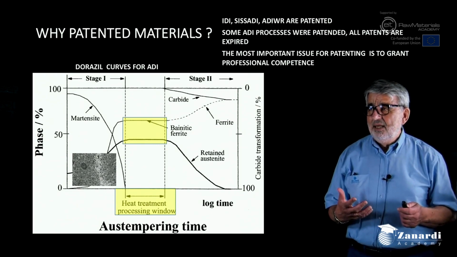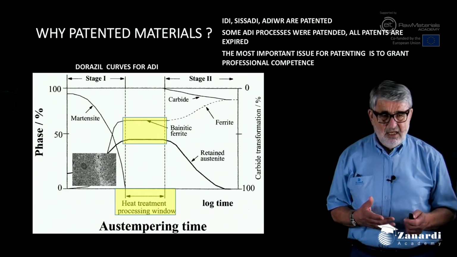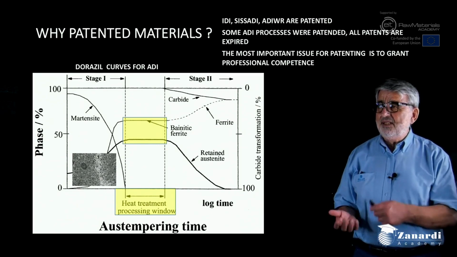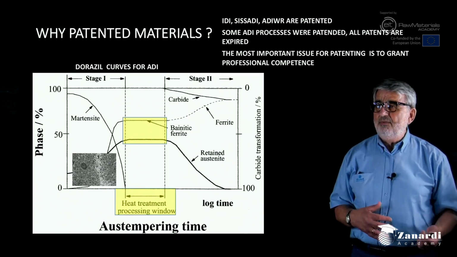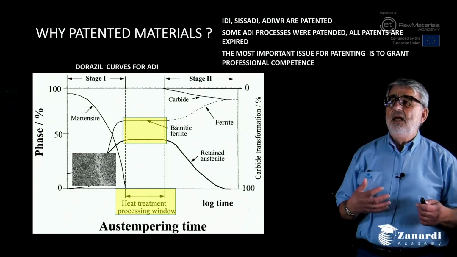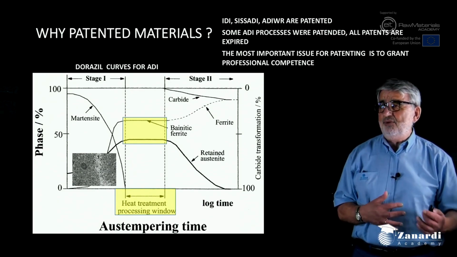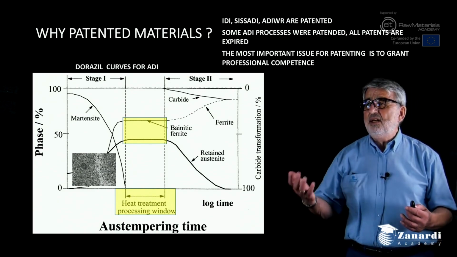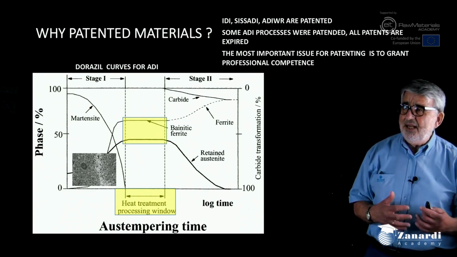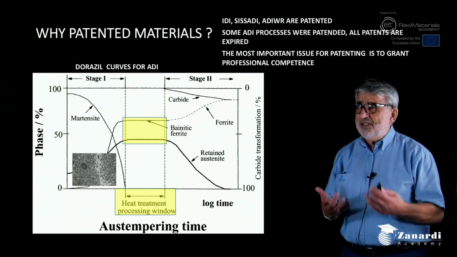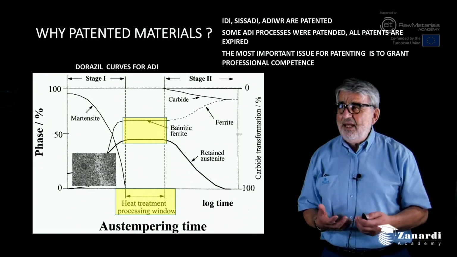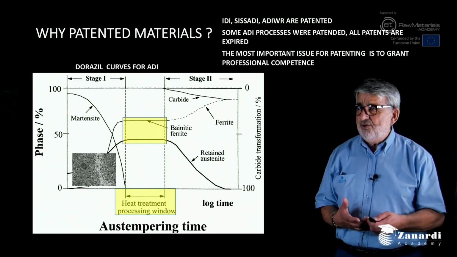Otherwise, especially for ADI, we have a problem of austenite stability, problems of bad machinability, and we can also create a bad reputation, not for a single process, but for the material itself. That is an obstacle for a great and professional diffusion.